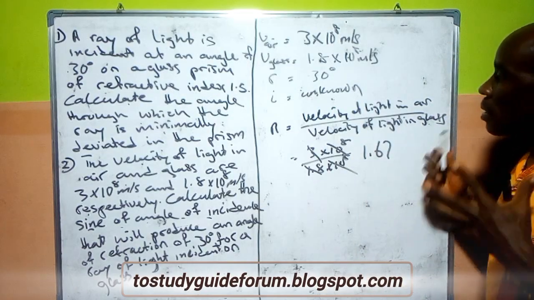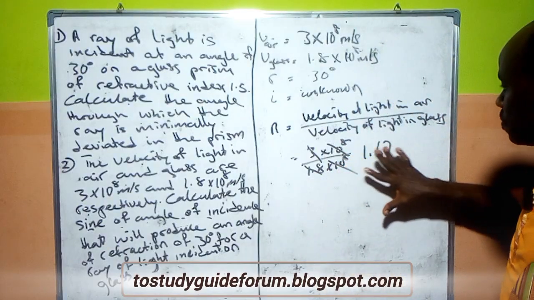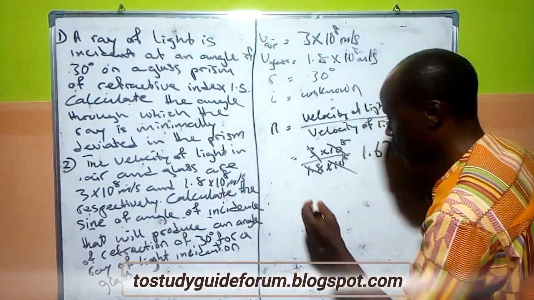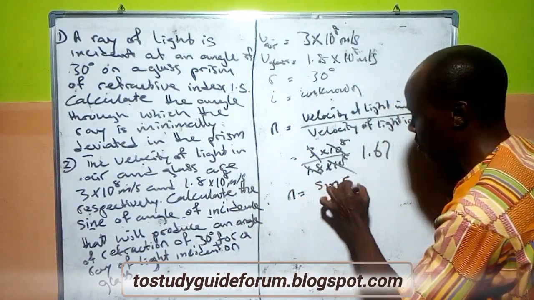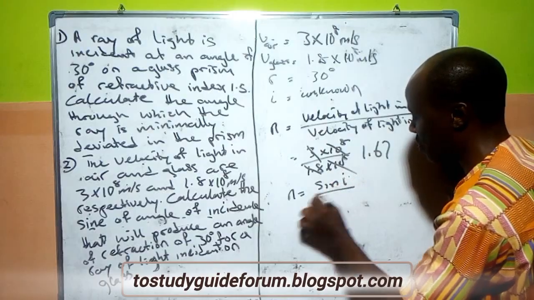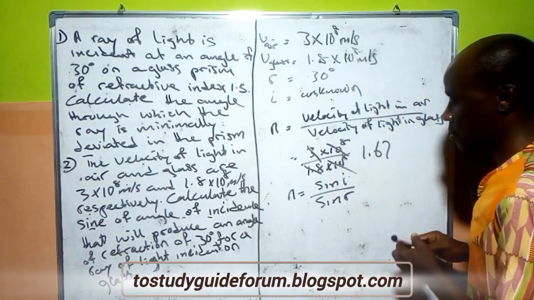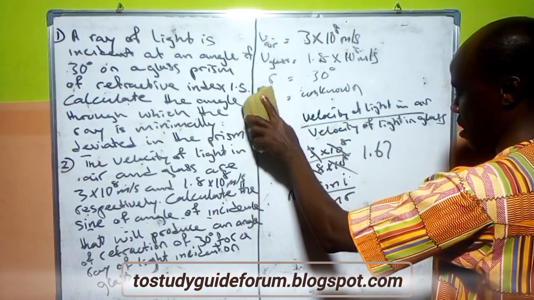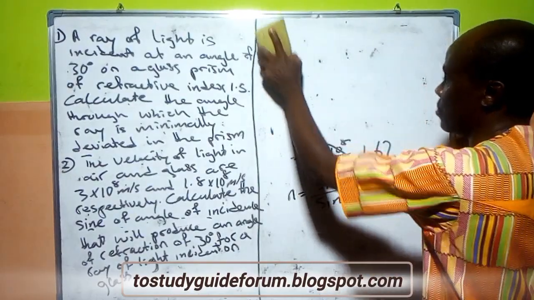So now we have the refractive index. The next thing we are going to do is to substitute. Since we're looking for the angle, we can use this formula, which is sine I over sine R. Our R is already given to us, which is 30.